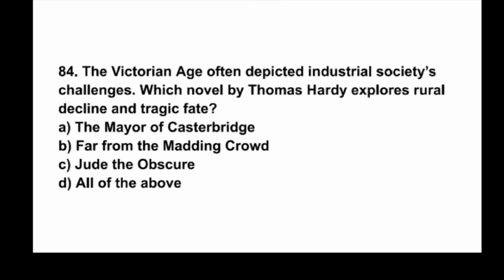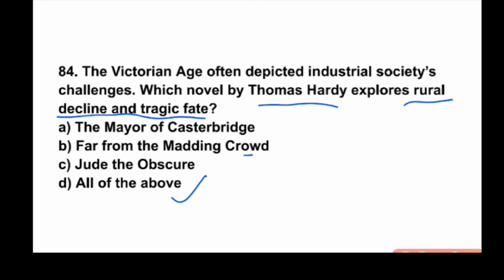The Victorian Age often depicted industrial society's challenges. Which novel by Thomas Hardy explores rural decline and tragic fate? The Mayor of Casterbridge, Far from the Madding Crowd, and Jude the Obscure. All of the above.